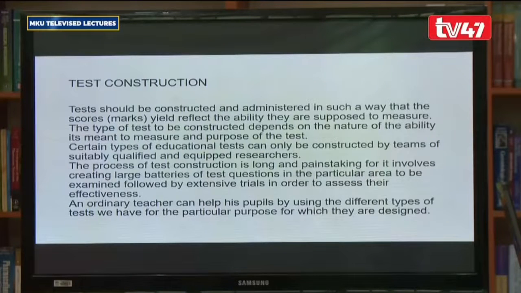And therefore, any type of test that a teacher uses is supposed to bring out what the objectives of the learning that the learner had previously were expected to achieve.